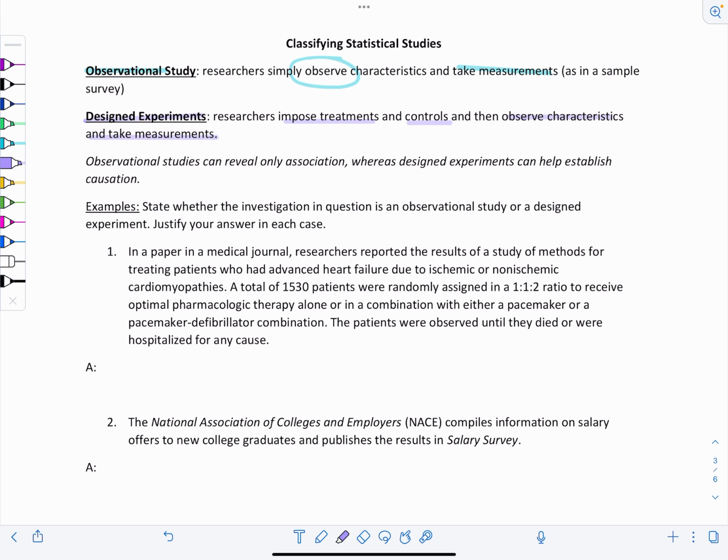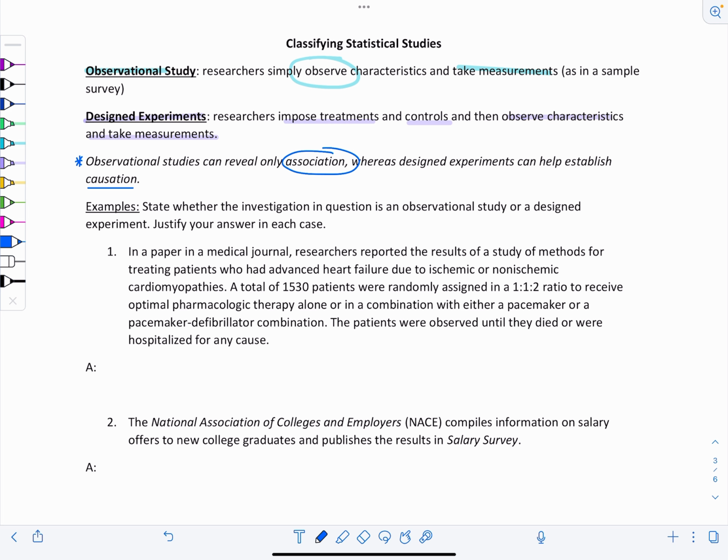And an important difference to keep in mind is that observational studies can reveal only association, whereas designed experiments can help establish causation. And this is a big thing that a lot of tobacco companies use to get out of lawsuits saying that smoking causes cancer.